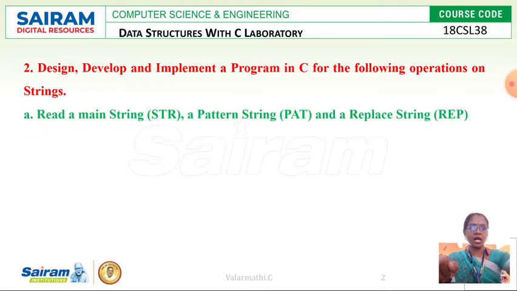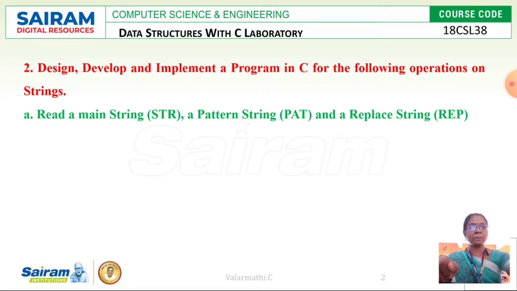What is the task given here? Read a main string, that is the variable declared as str, and a pattern string which has to be replaced, that is called the pattern string, defined as PAT.